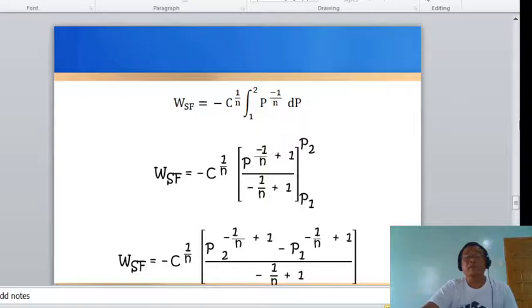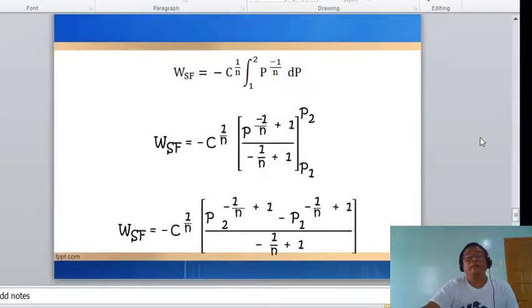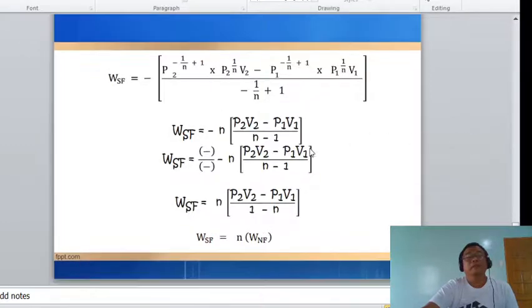Applying the limits, work steady flow equals n times P sub 2 V sub 2 minus P sub 1 V sub 1 over 1 minus n, or simply work steady flow equals n multiplied by work non-flow. As easy as that, class.